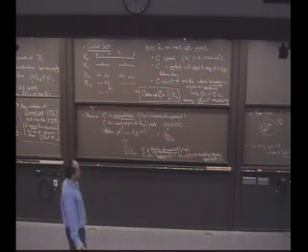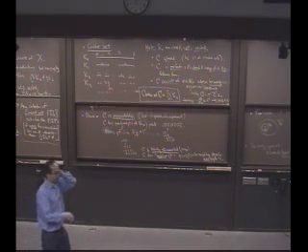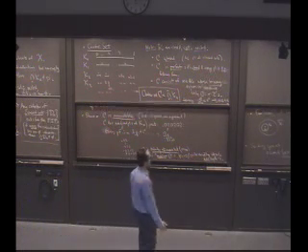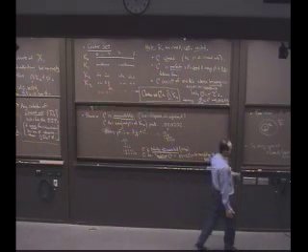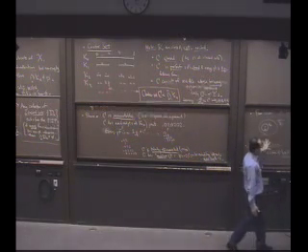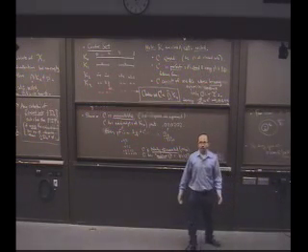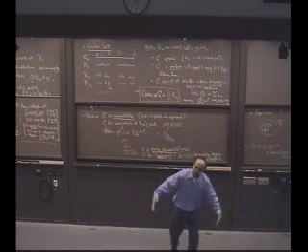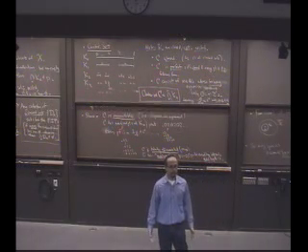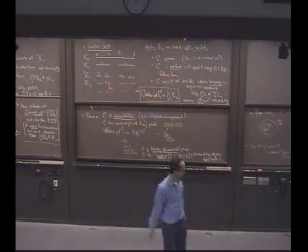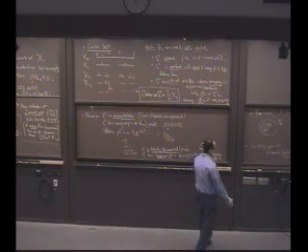Okay? And it turns out that a compact metric space has a countable base. A compact metric space has a countable dense subset. Okay, so these notions of smallness somehow coincide.